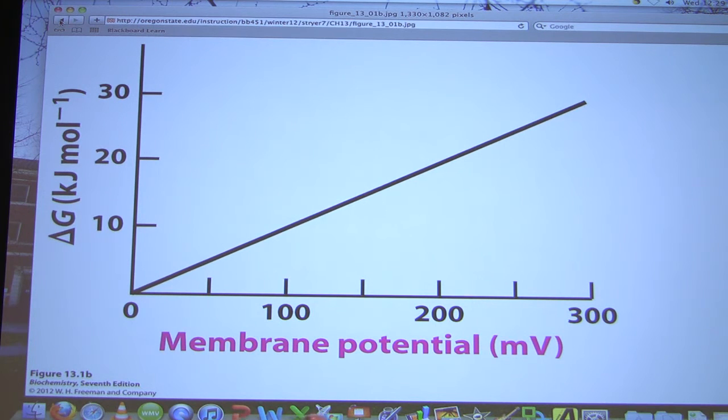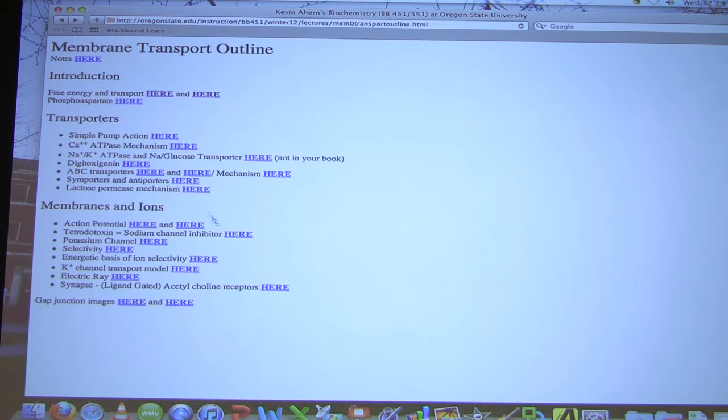If we have more positive charge on the outside than on the inside, that means positive is going to want to move in, and negative is going to want to move out. So chemical gradients and electrical gradients are both critical energy considerations for moving things across membranes.